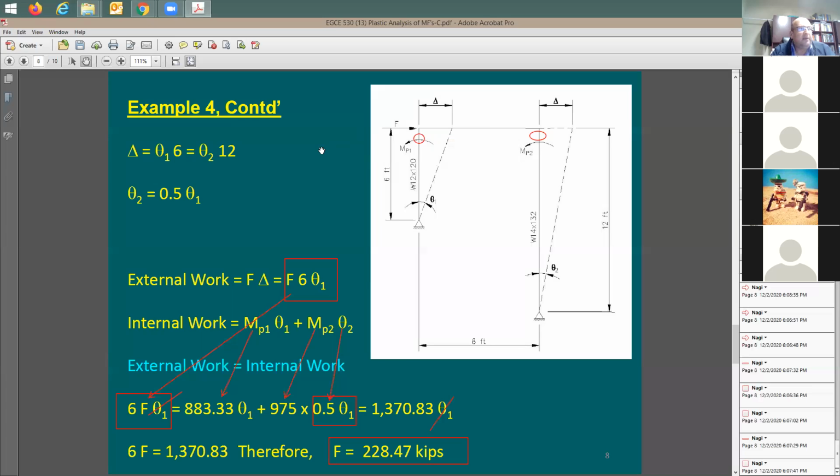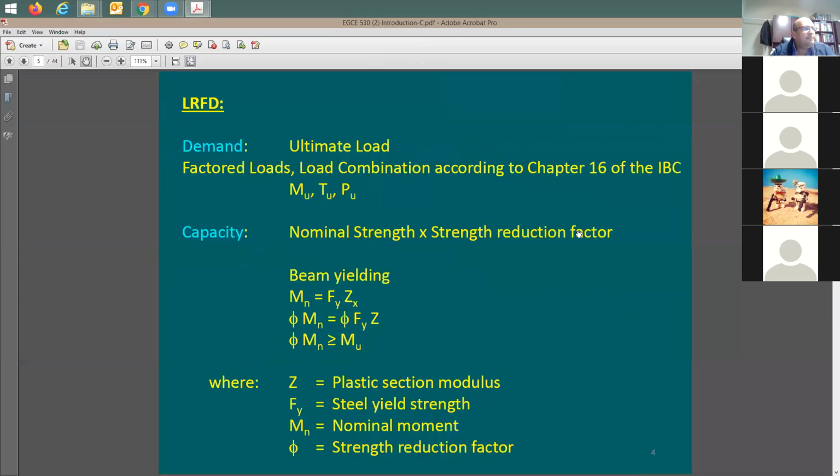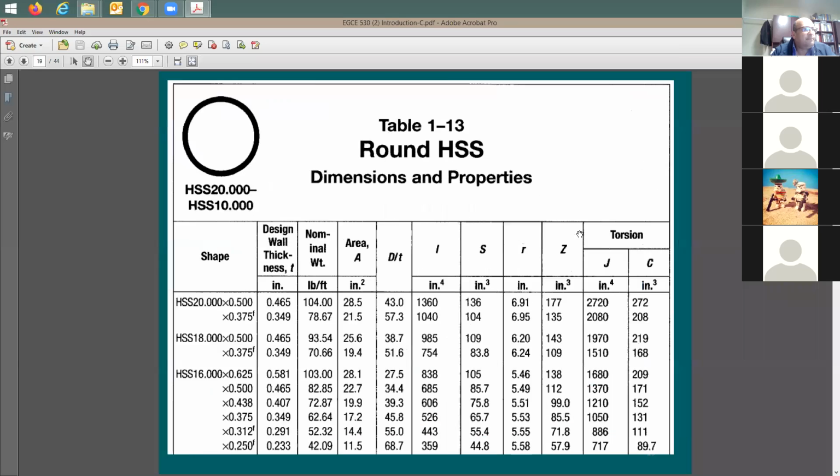Okay. You understand that we have this strain hardening in the steel, am I correct? No. Do we know what the elastic hardening or strain hardening is?